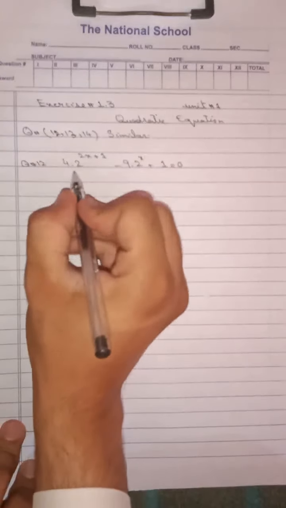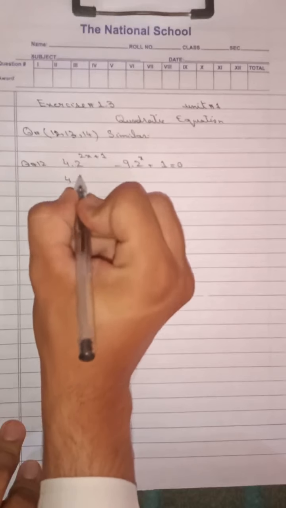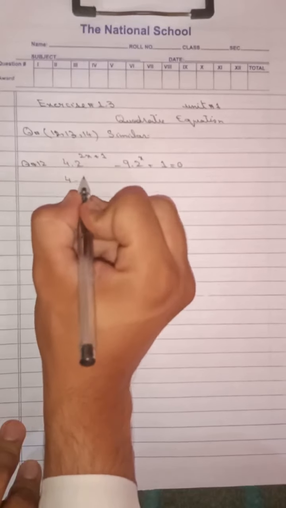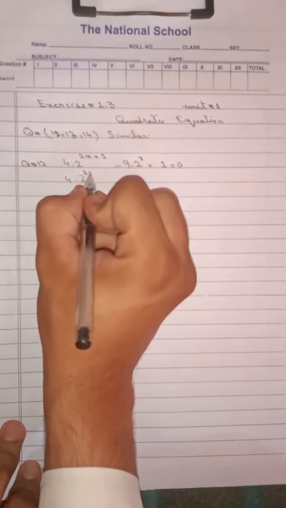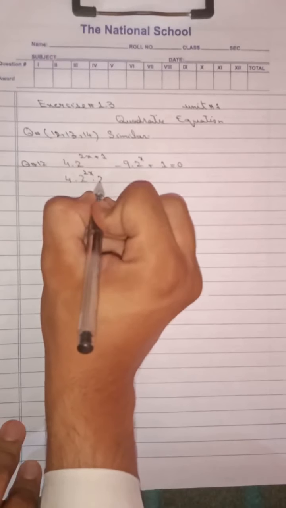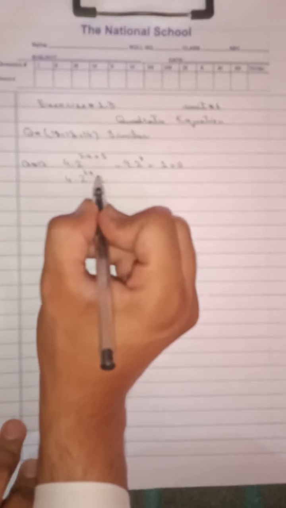Now this 4 will remain as it is, and 2 power 2x plus 1 can be written as 2 power 2x into 2 power 1, because when the bases are same and the powers are added, if the base is same the power will be added.